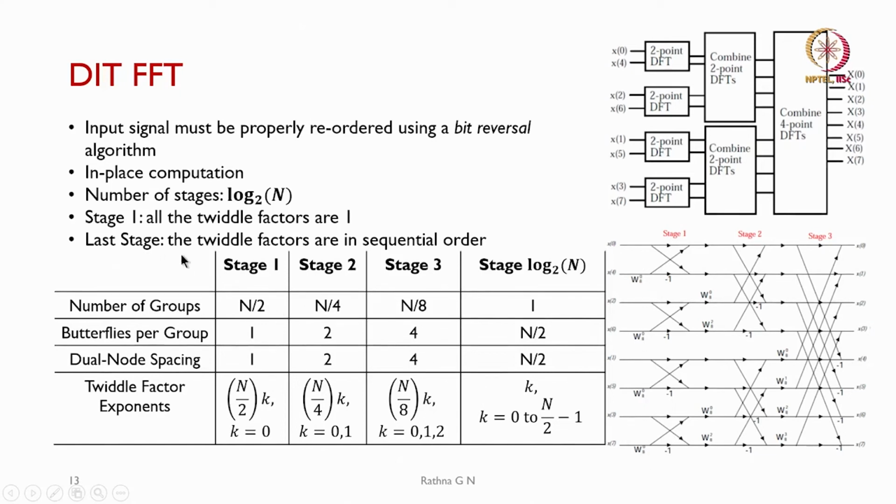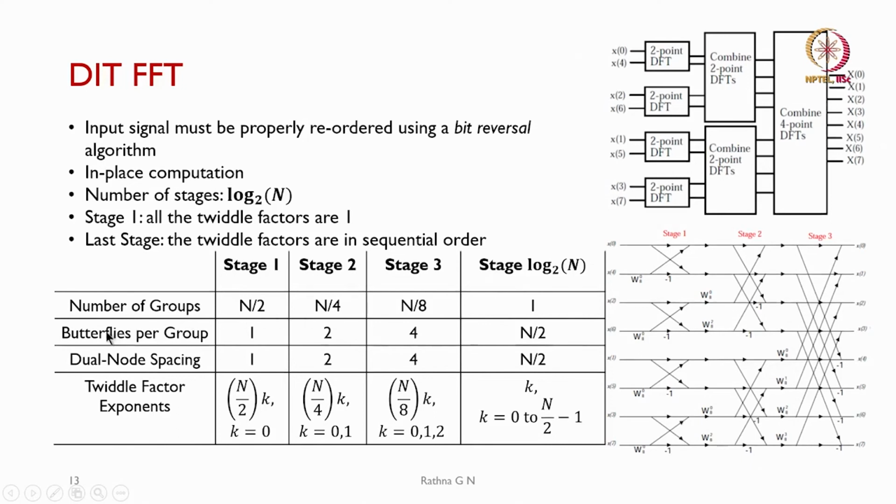In the last stage, the twiddle factors are in sequential order. Here what we need is W8^0, 1, 2 and then 3. That is what the twiddle factors in the last stage are going to be, in order.